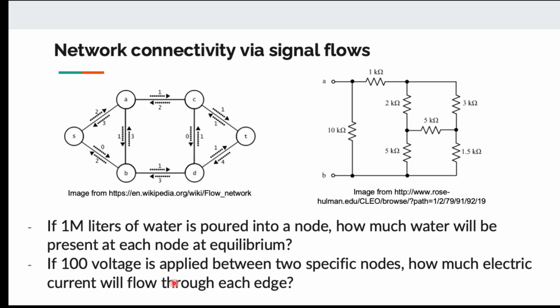So people from engineering, they step in and they say that if you don't know how to model or if you don't know how to calculate interaction strength or association score in terms of biology, why don't we transform it to a real world system where we can make sense?